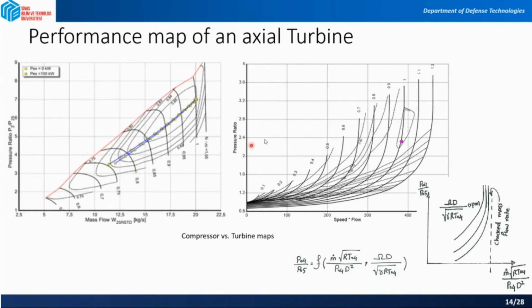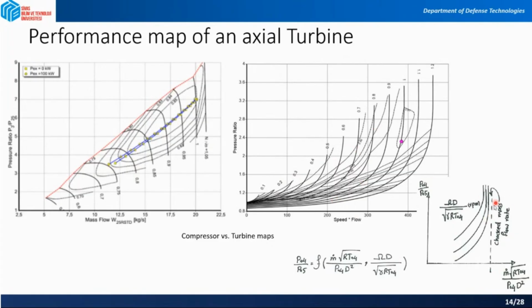But in turbines, we are having different, let's say, kinds of curves. So again, in here we have some pressure ratios and some non-dimensional speed. For example, you can have the pressure ratio between outlet and inlet and the non-dimensional mass flow of the turbine. And when you just construct these, you will see that they all become vertical again after some point.